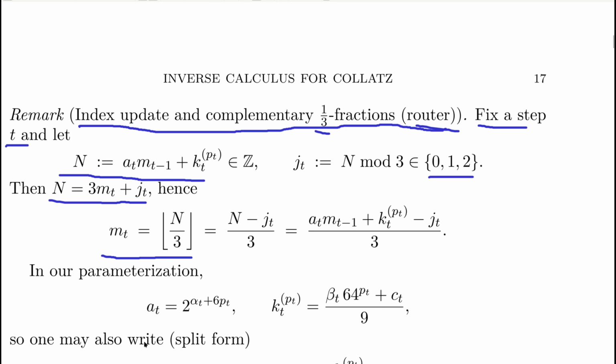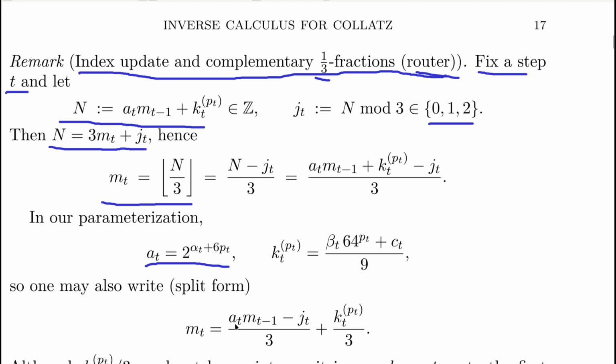In our parameterization, at is 2 raised to at plus 6 pt, and kt is beta t times 64 raised to pt plus ct all over 9.